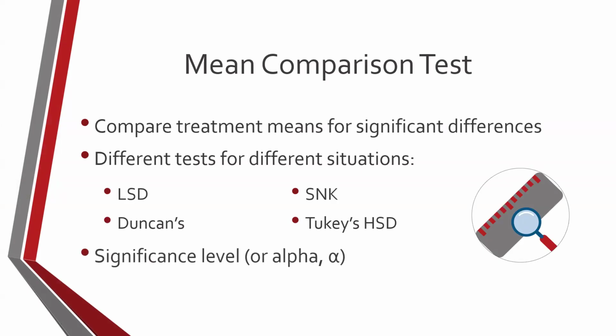We must also choose a significance level, or alpha, to run these tests. It's kind of similar to the p-value for confidence in AOV results, but we're setting the threshold for significant differences for the test.